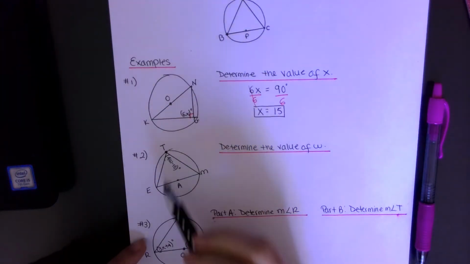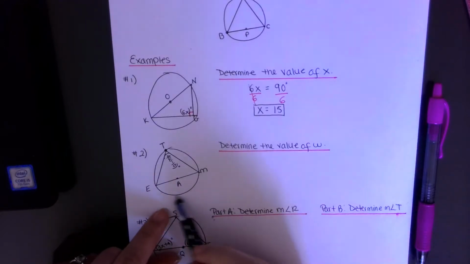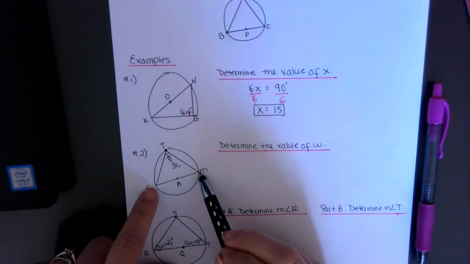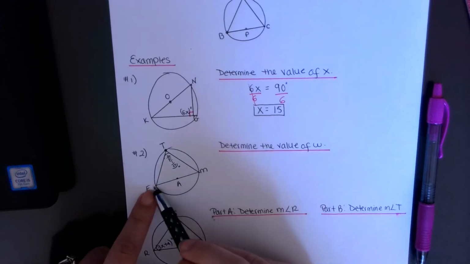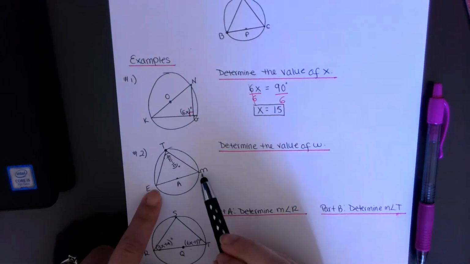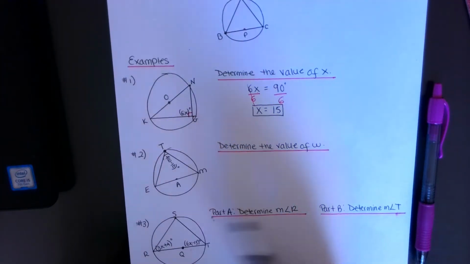First I check, across from it, do I have an arc value? I don't, so I can't take half of that. However, the intercepted points of the angle, E and M, it's from the diameter right here. That's the diameter of the circle. So again, this angle has to equal 90 degrees.